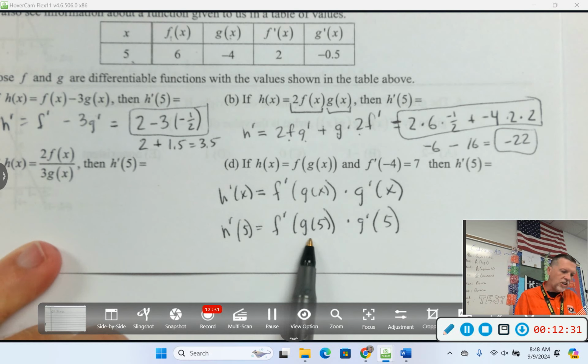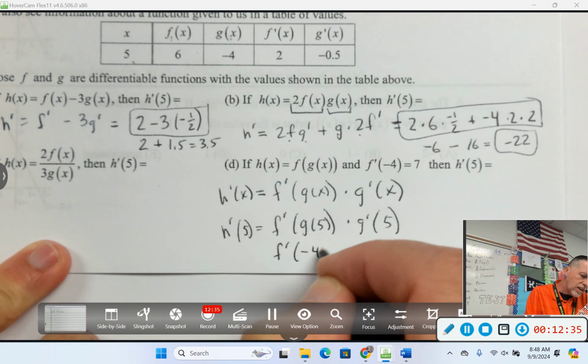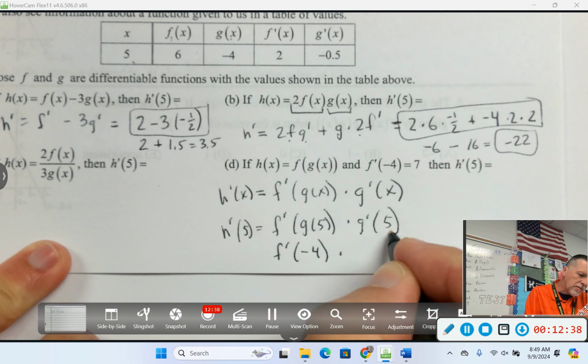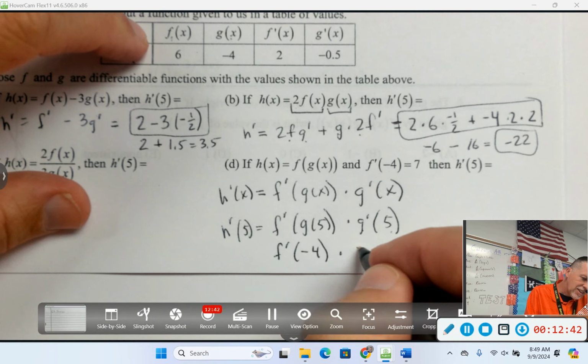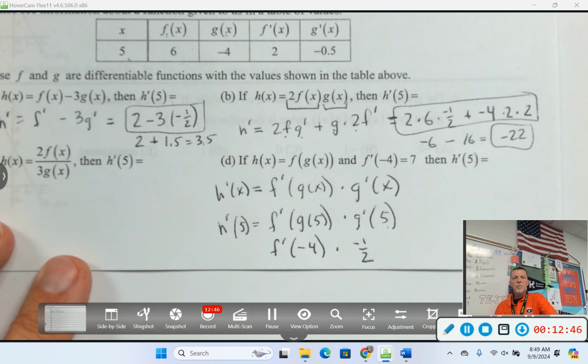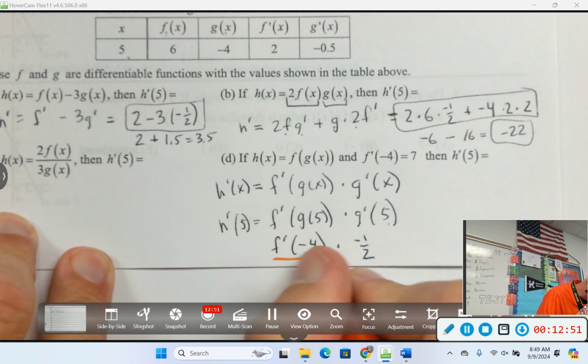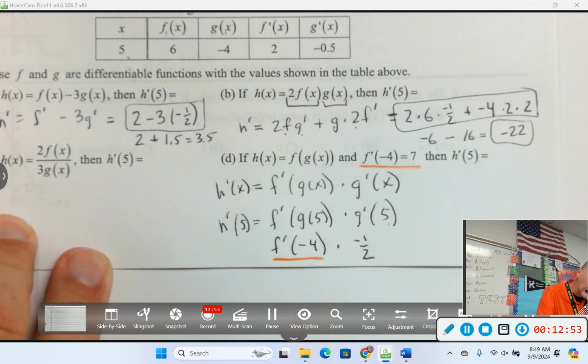Let's see. G of 5 is negative 4. G prime of 5 is negative 1/2. F prime of negative 4 is not in the table, but that's why they gave it to us right here.